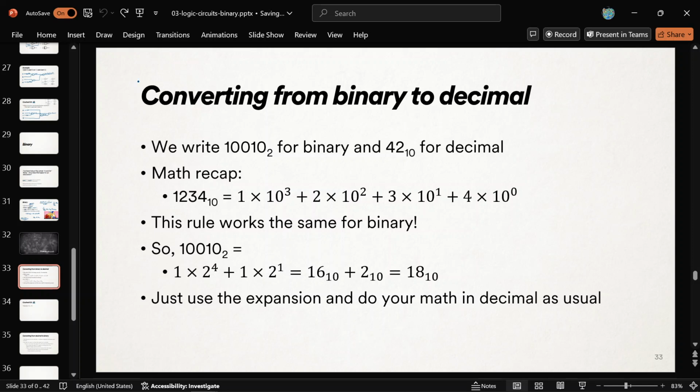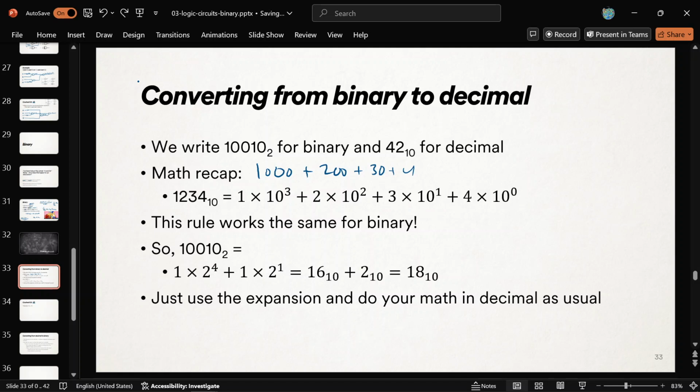Do you guys remember how in grade school, you learned that 1,234 you could break down as 1,000 plus 200 plus 30 plus 4, right? And eventually, once you got to maybe middle school, you learned powers of 10, so you can break that down further: 1,000 is 1 times 10 cubed, plus 2 times 10 squared, plus 3 times 10 to the first, plus 4 times 10 to the 0.